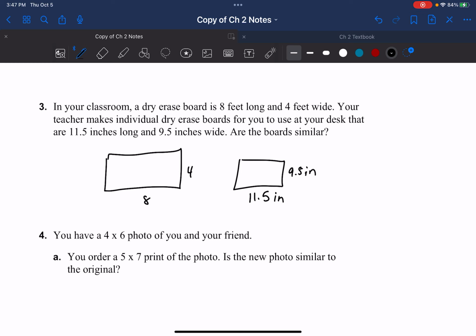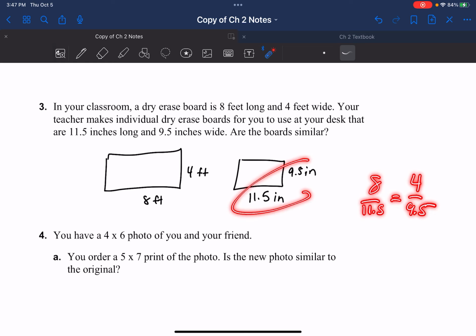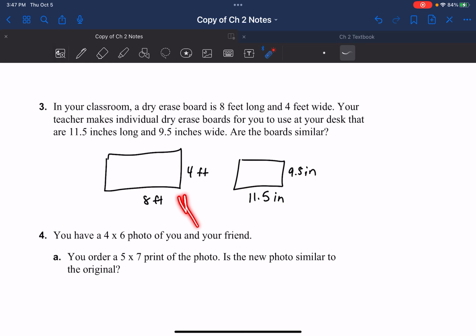Okay, so they're trying to trick us already by changing the units. So they're wanting to know if they are similar. You guys, you have to change these to inches to be able to compare them. You can't set up a proportion with like 8 over 11.5 is to 4 over 9.5. You can't do that. You've got to change these guys into inches first. Then you can set up a proportion.